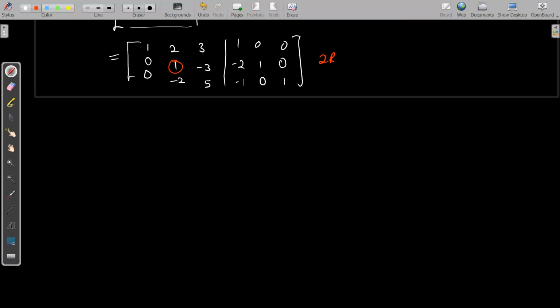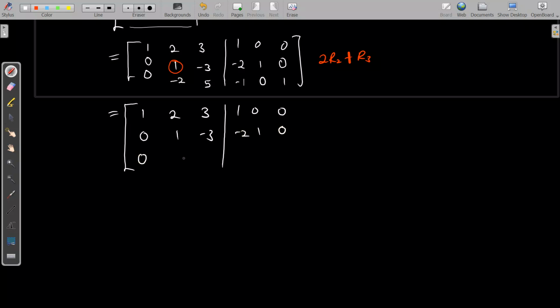To do that, the transformation you're going to need is 2 times row 2 plus row 3, and that will give us a 0 there. So our new matrix is going to look like 1 2 3, and I still have my 1 0 0, 0 1 -3, -2 1 0. Then on the other side we transform them to 0.